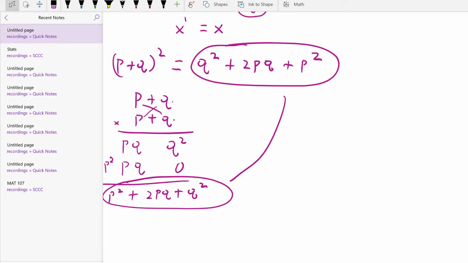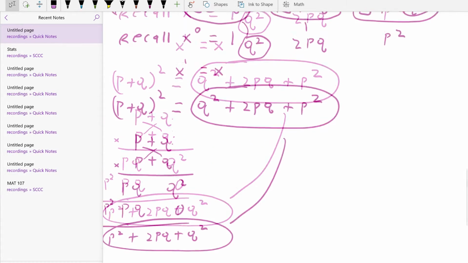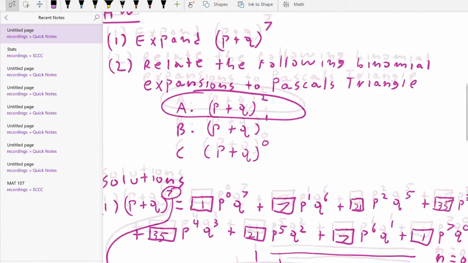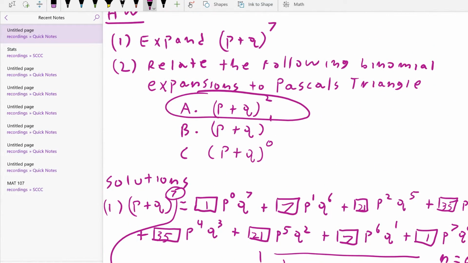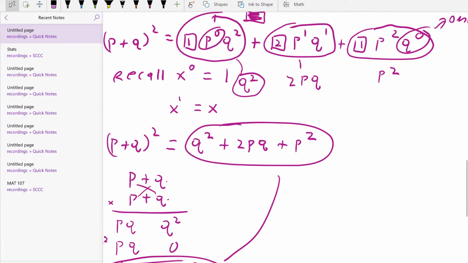But it is, in fact, correct and is completely consistent with the laws of mathematics. So we've done A. In fact, we finished A over here.